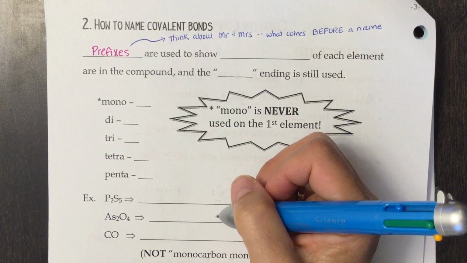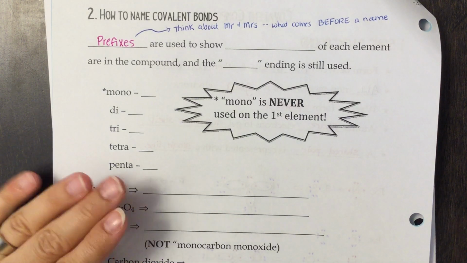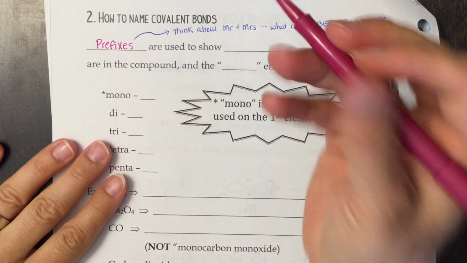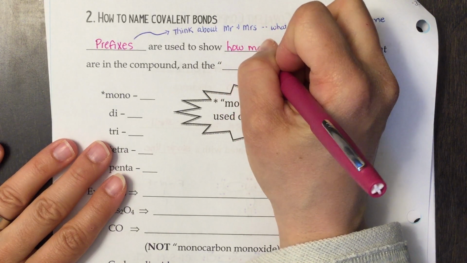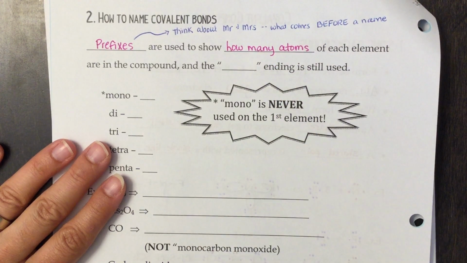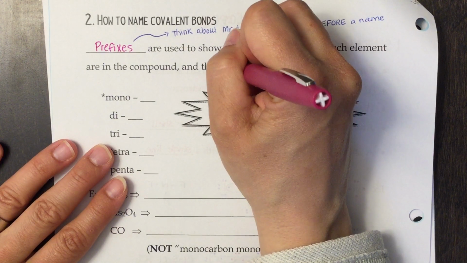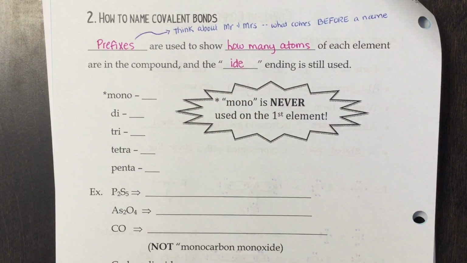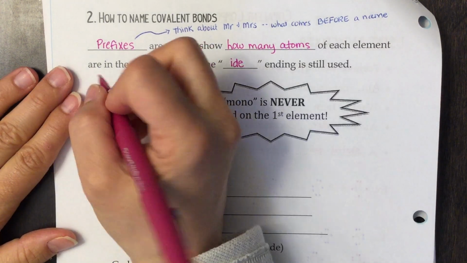That's what a prefix is, something that comes before a name. So prefixes are used to show how many atoms of each element are in a compound. The IDE ending is still used. And all that means is that these compounds end in IDE.